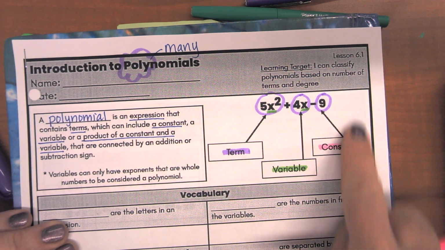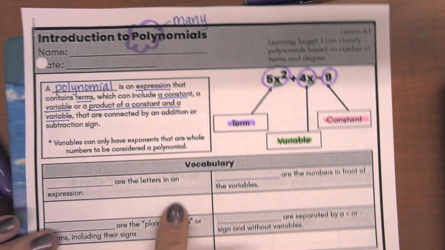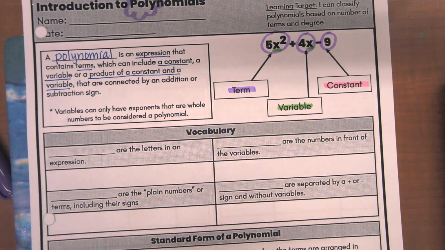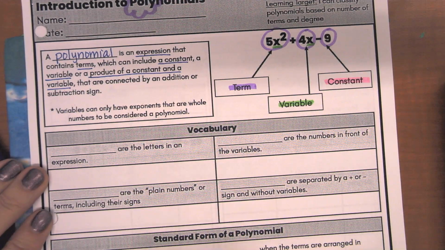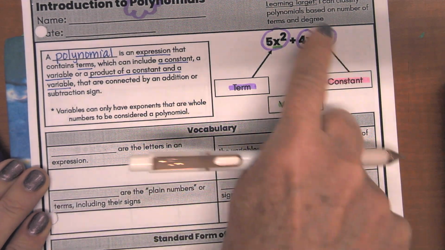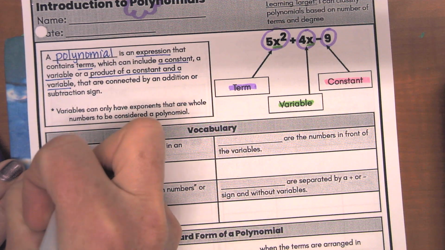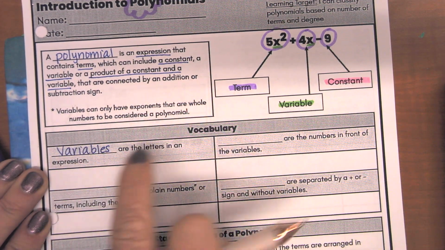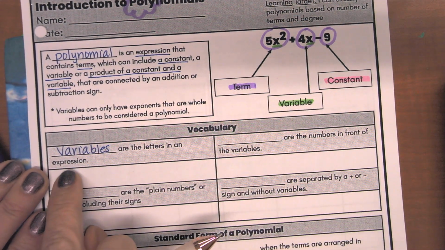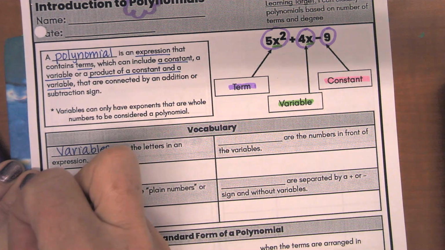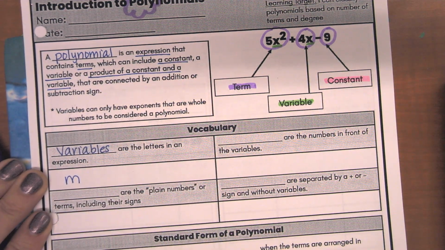So now that we understand this, let's go ahead and sketch them out in vocabulary. And then I'll come around and check in with you guys. So in our equation here, variables, let's go ahead and write variables. Variables are the letters in an expression. So m is a variable.